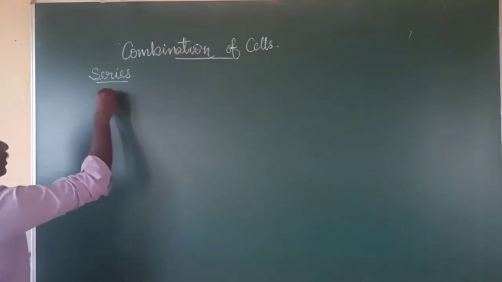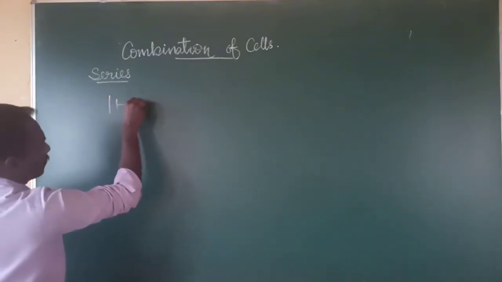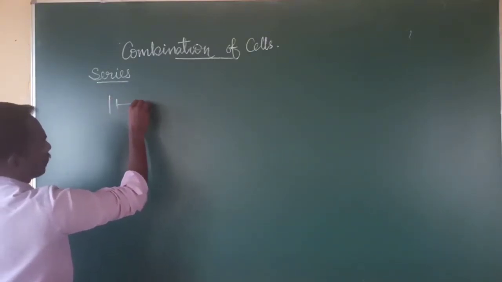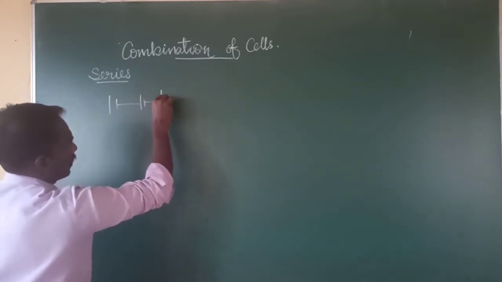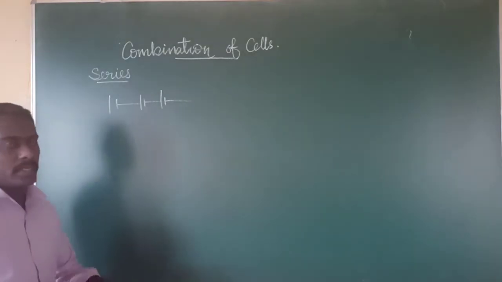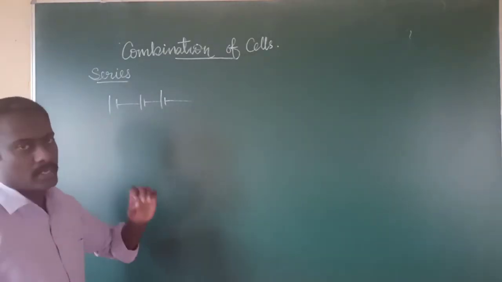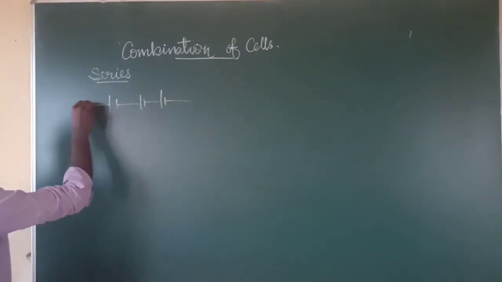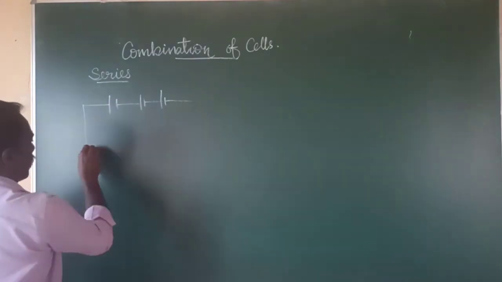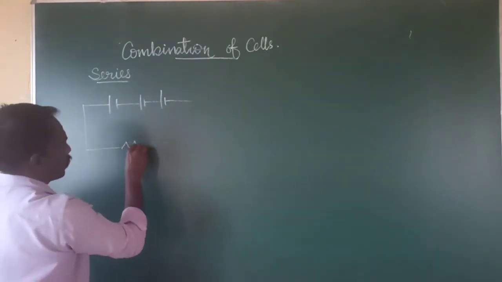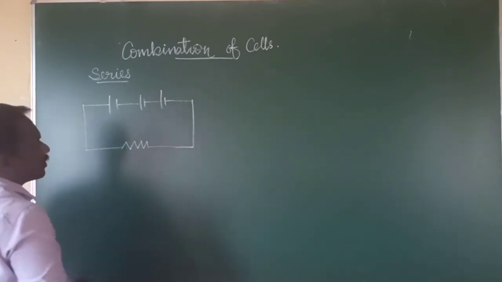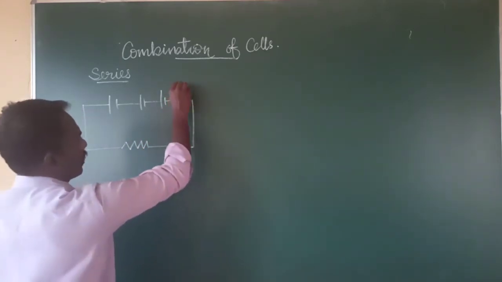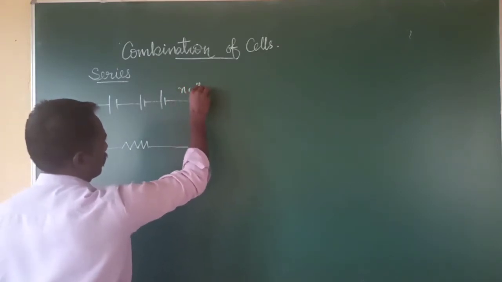See, a number of cells are combined serially. And for convenience, we take that all the individual EMFs of the cells are the same, or all these cells are identical. Here, for convenience, we are drawing only 3 cells, but assume that n cells are connected to each other.